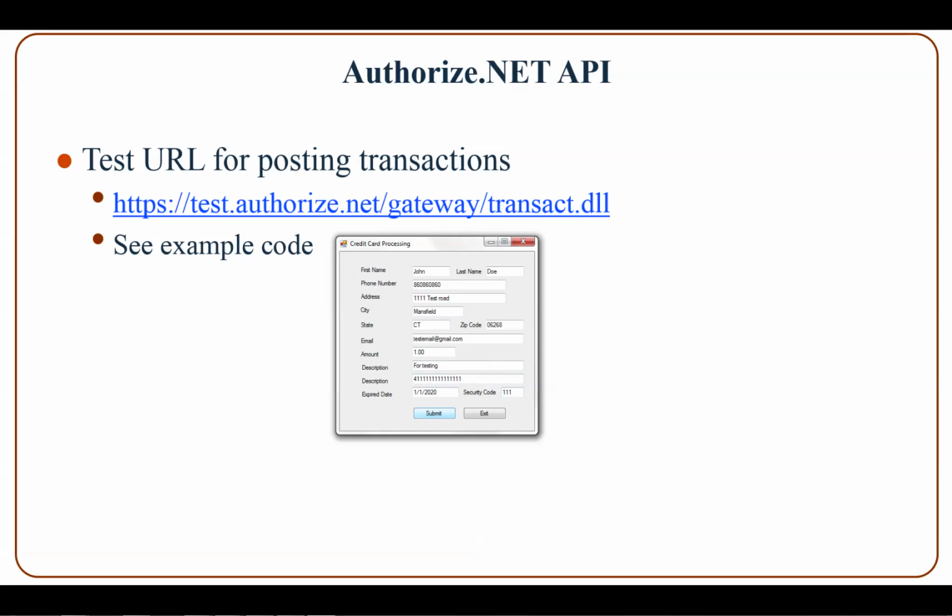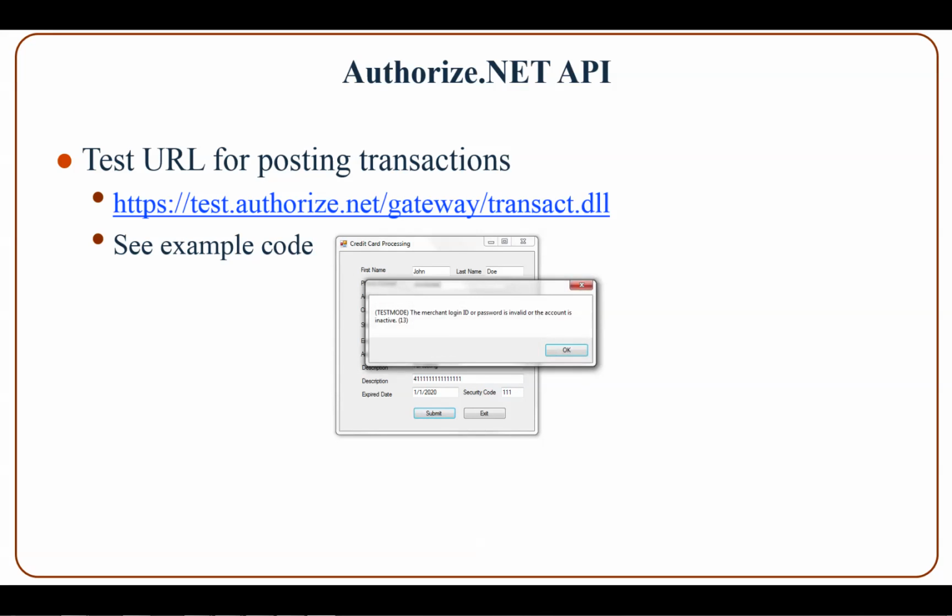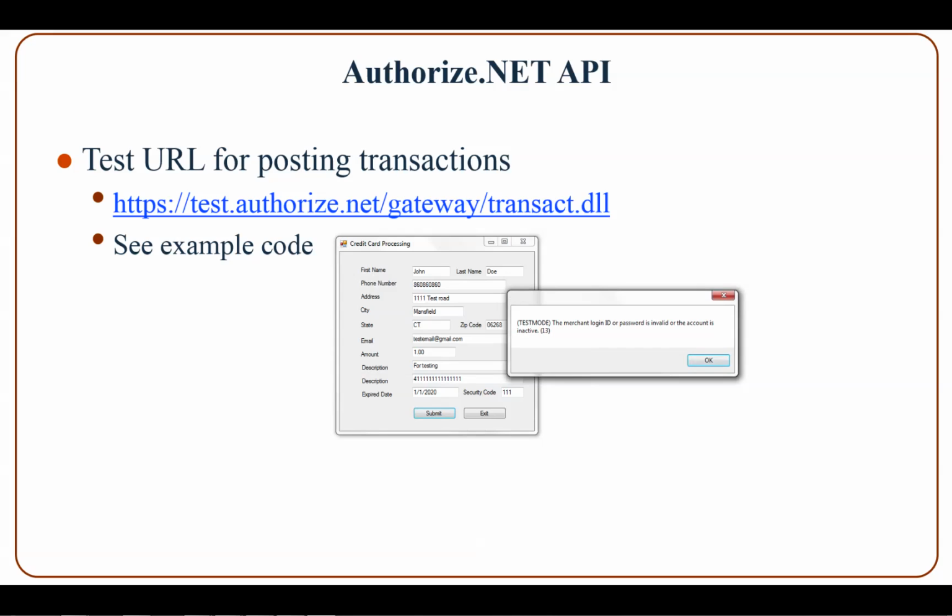When you click the submit button, at first it says the merchant ID or parcel is invalid or the account is inactive. So you need to fill in your own login ID and transaction key to make it work.